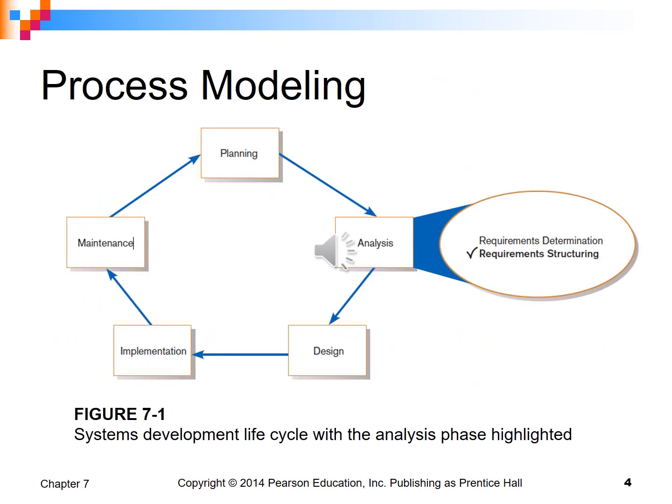When we look at this diagram, which shows process modeling, it is like the system development life cycle. We show here the major phases, which start with planning. When we are done with planning, we do the analysis.